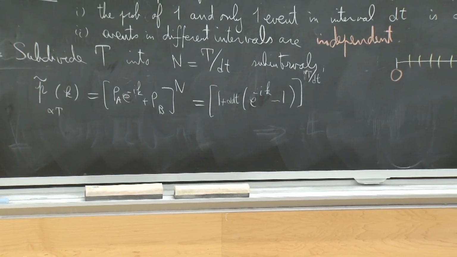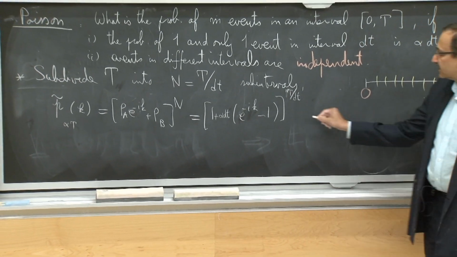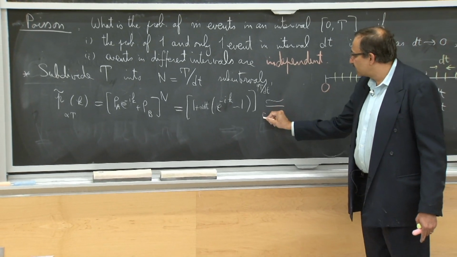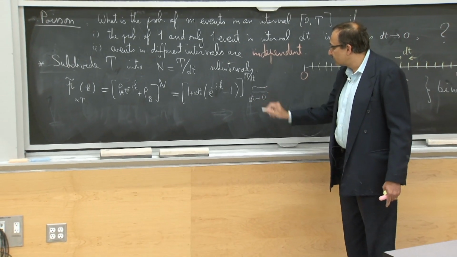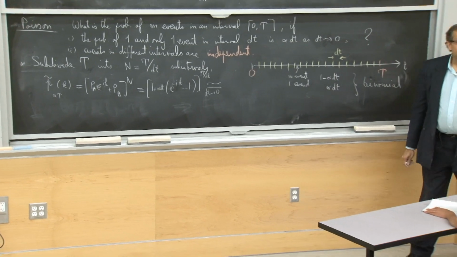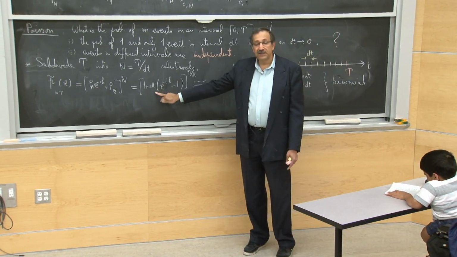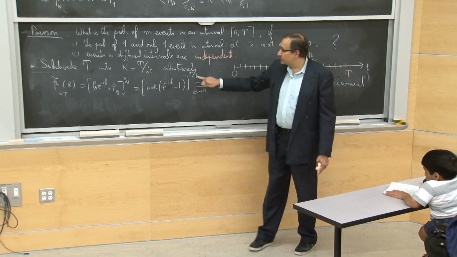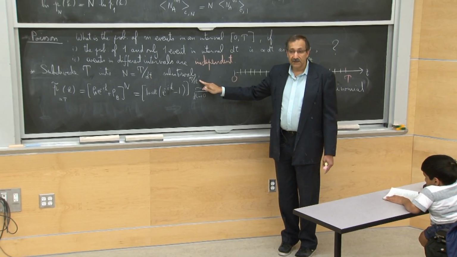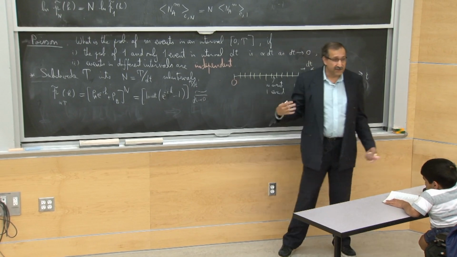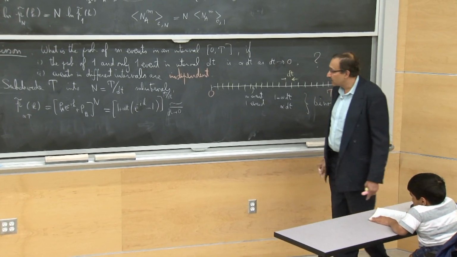And this whole prescription is valid in the limit where dt is going to 0. So what you have is 1 plus an infinitesimal raised to a huge power. And this limiting procedure is equivalent to taking the exponential.